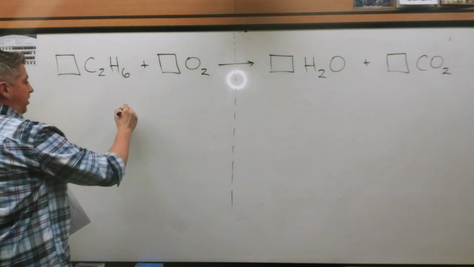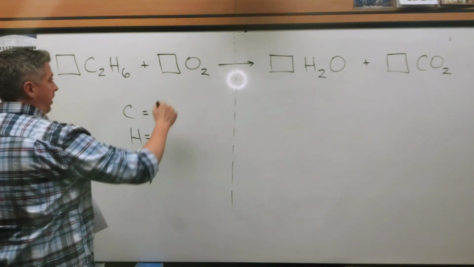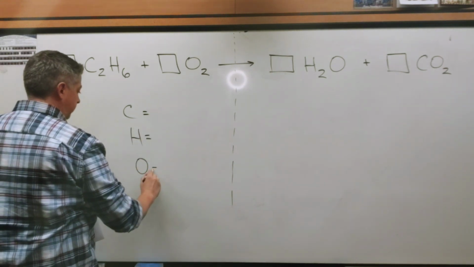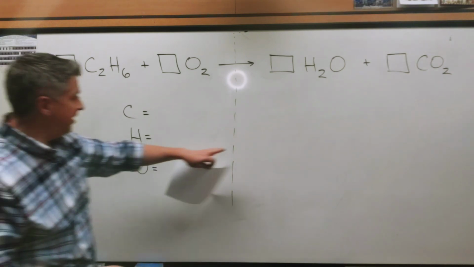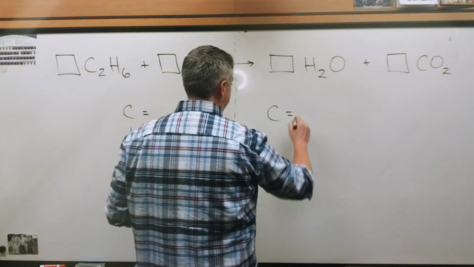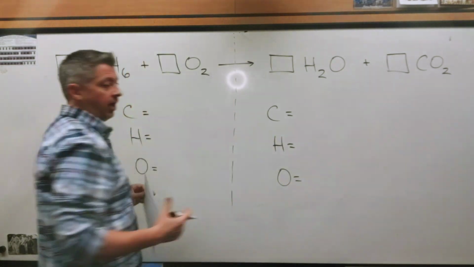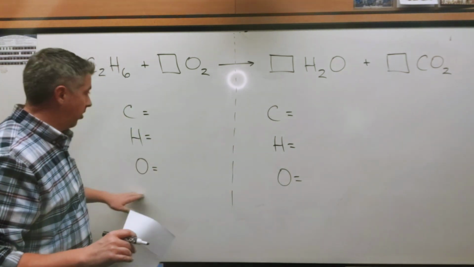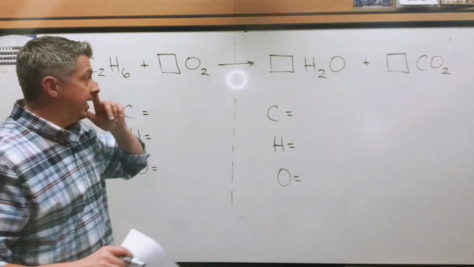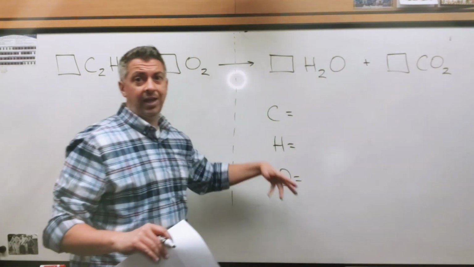We have carbon, C, hydrogen, H, and oxygen, O. I'm going to copy these 3 letters in exactly the same order right here: C, H, O. It just makes comparing a lot easier because I have my C's on the top, my H's in the middle, and my O's on the bottom. And again, even though O shows up twice over here, you only write the O one time because you're counting all the O's.